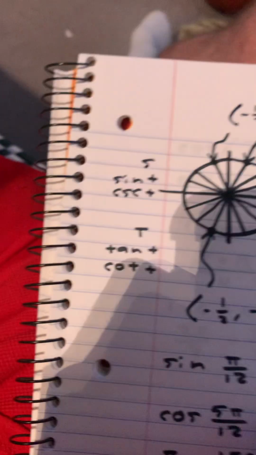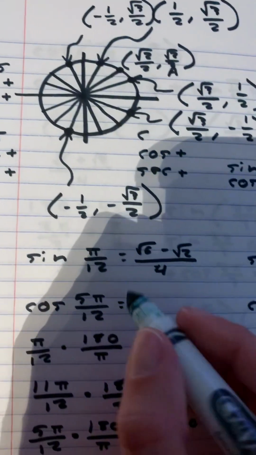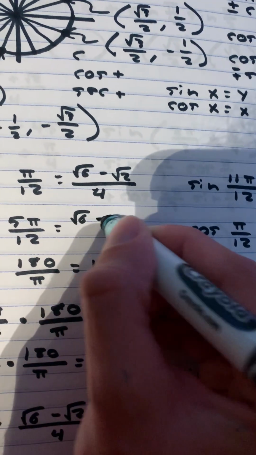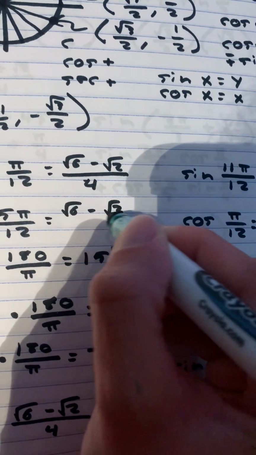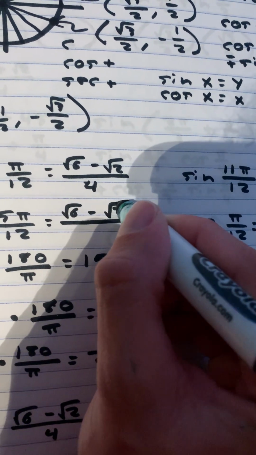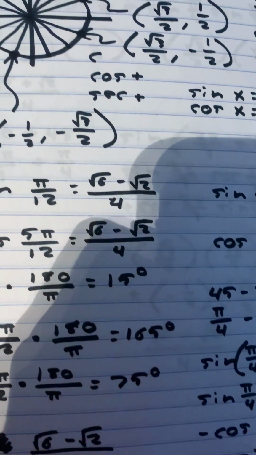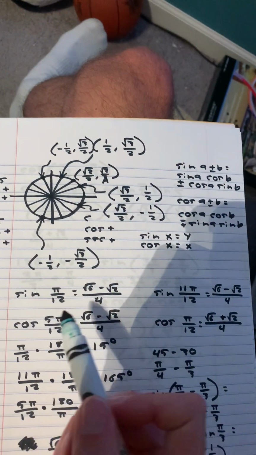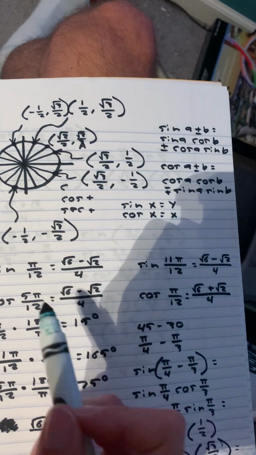Oh yeah. So, what do we got here? So that, as a matter of fact, gives me the square root of 6 minus the square root of 2 all over 4. That's simple. Look at that. I use trig identities just to solve these.